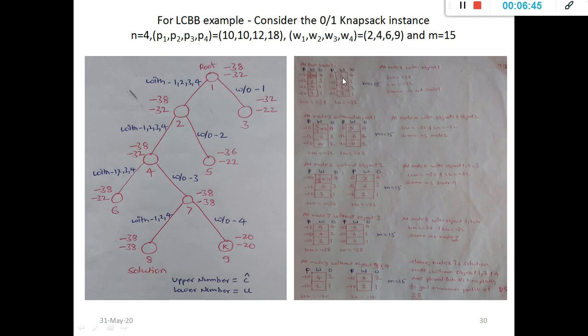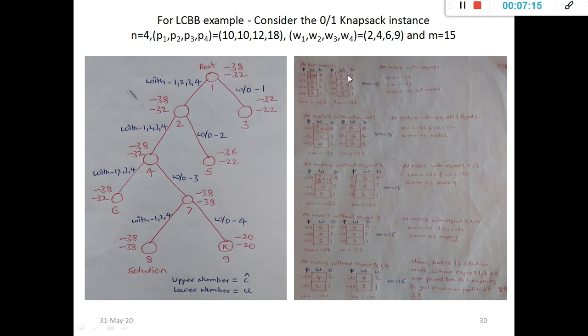And the next one is for the lower number. If it is possible to include the object completely, then only you have to consider it, otherwise don't consider. That is, including the fractional part into the knapsack is not possible when you are calculating the lower number. Then the total weight for the knapsack by including objects 1, 2, 3 is 6 plus 4 plus 2, it is 12.